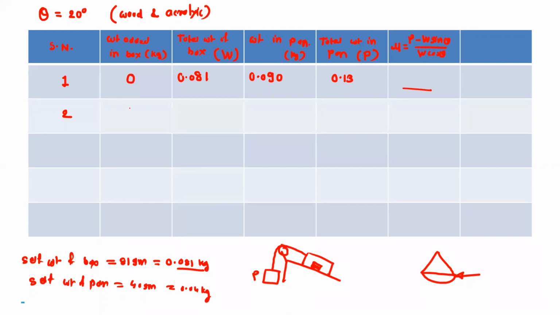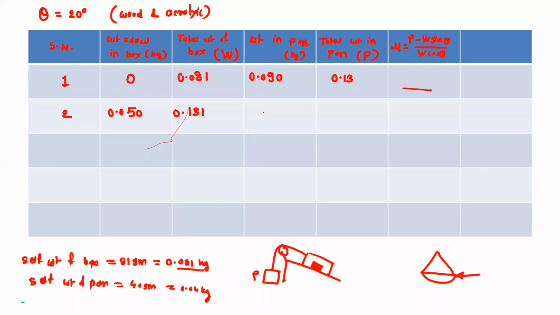P minus W sin theta upon W cos theta. For the second reading, we have added 50 gram in this box, so this is 0.050. Total weight is 50 plus 81, which is 131, so it is 0.131 kg.